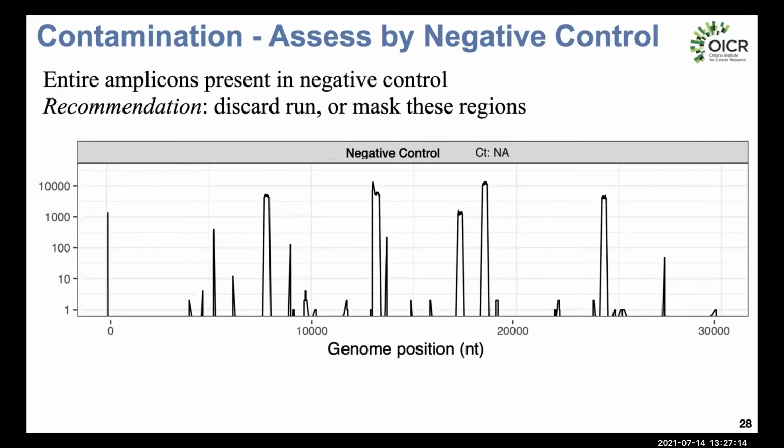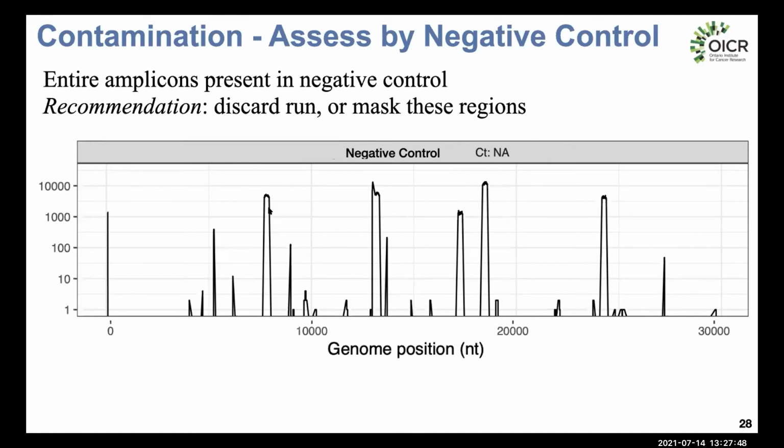Here's what a problematic negative control looks like when you have contaminating amplicons present. Here, unlike the previous plot, we have these stacks of coverage at certain regions of the genome. These correspond to amplicons that somehow work their way into the negative control, and they've been sequenced to a depth of over 5,000x coverage. Now, this sequencing run would be immediately flagged by ncov-tools as having 5 amplicons contaminating one of the negative controls.